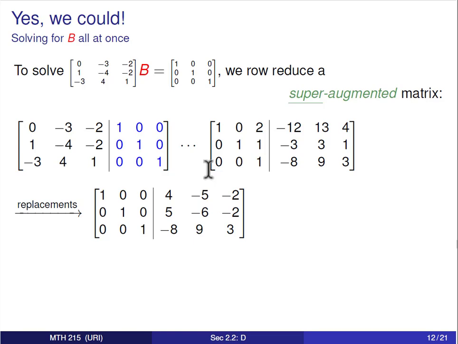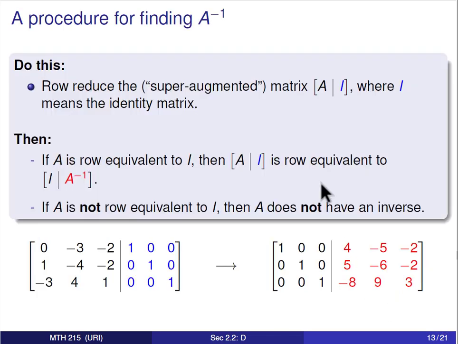And what we see is that the right-hand sides, we started off copying in the identity matrix, and then we end up with this matrix. But the columns of this matrix, you may recognize, are exactly the columns that we had found earlier for the matrix B. And so, to summarize, what we did here is start by attaching an identity matrix onto our matrix A, and then we row reduced.